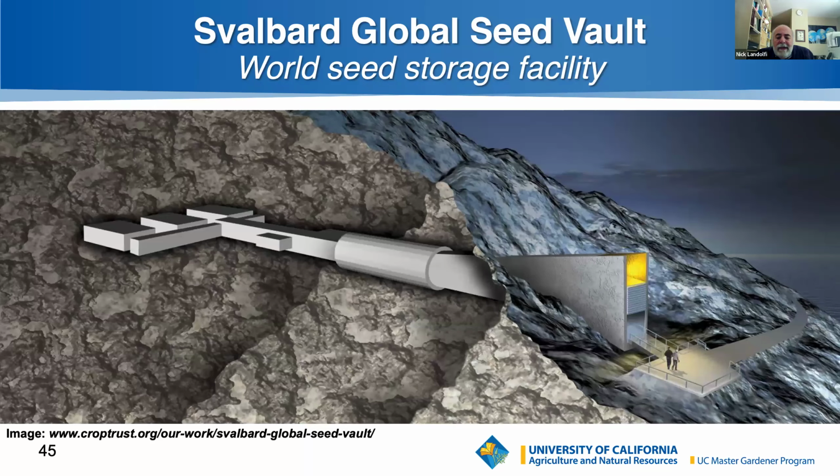This is a schematic of the entire seed bank. You can see it is embedded into the mountainside, giving it extraordinary physical protection. Its location in such a frigid environment was selected because of the year-round low temperature. But global warming has raised concerns on that assumption. You can also see it is comprised of 3 individual seed chambers.